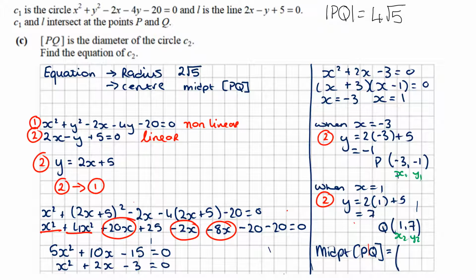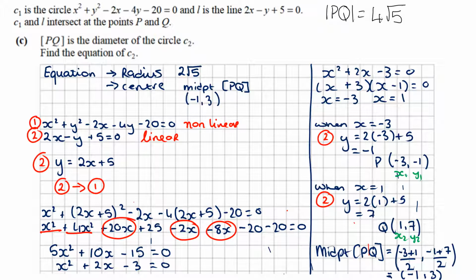Midpoint formula: minus 3 plus 1 over 2, minus 1 plus 7 over 2. And that gives us minus 1 and 3. So my center is (minus 1, 3).